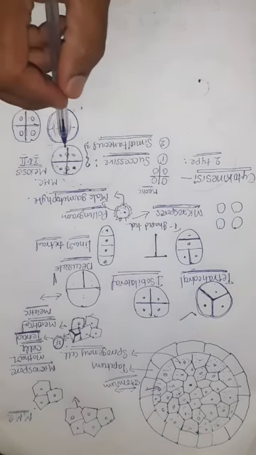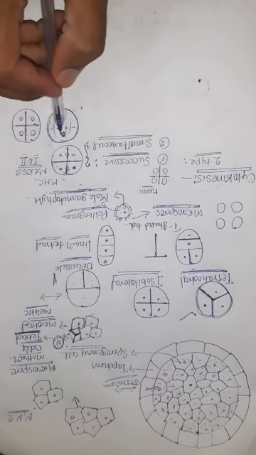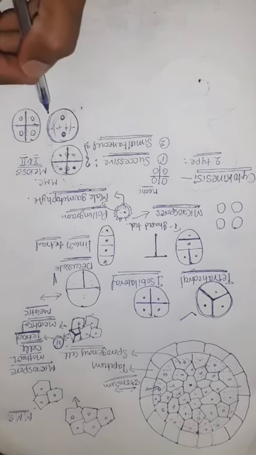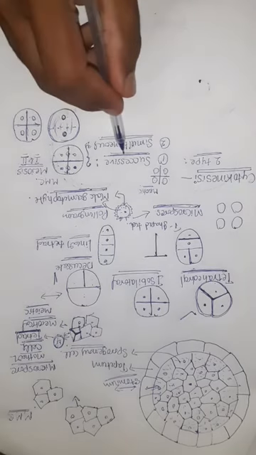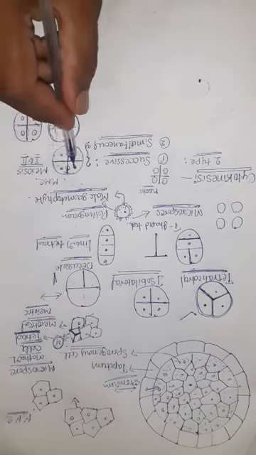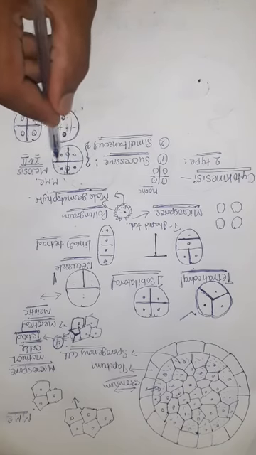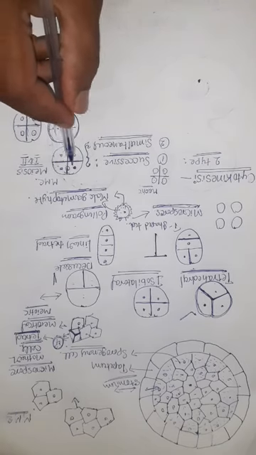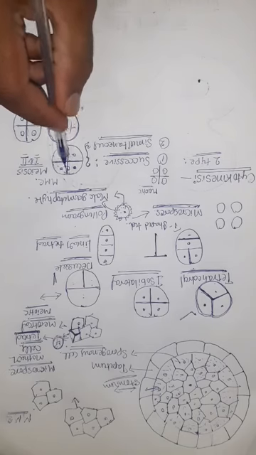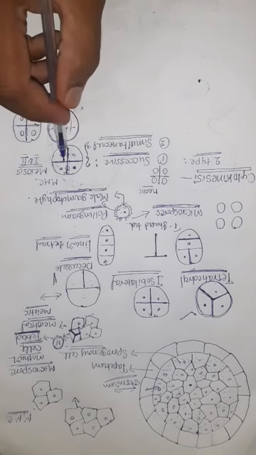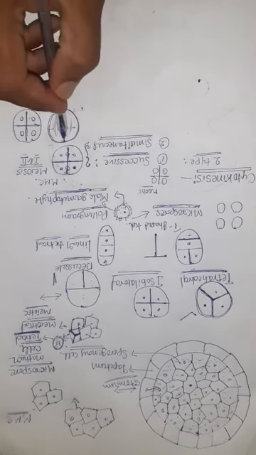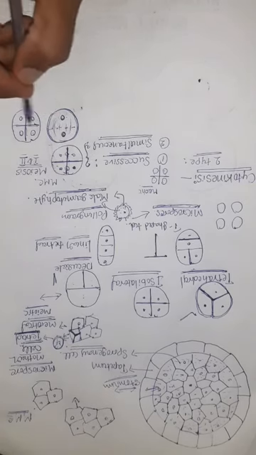Based on that, we have 2 types of cytokinesis. In the successive type, immediately after the first division, we get wall formation between the 2 daughter cells. After the second division also, we get wall formation between daughter cells. But in the simultaneous type, the wall formation takes place at last.